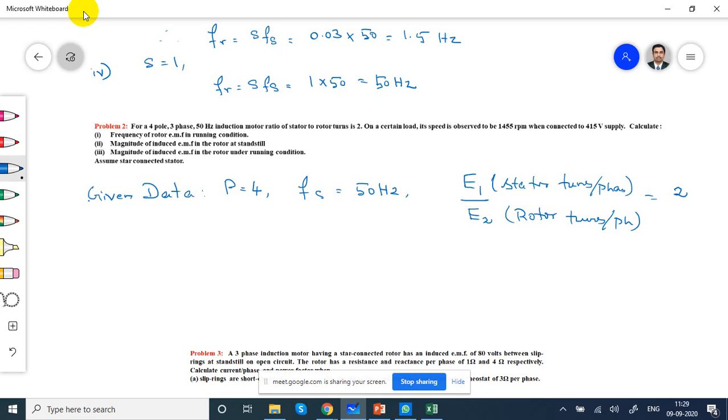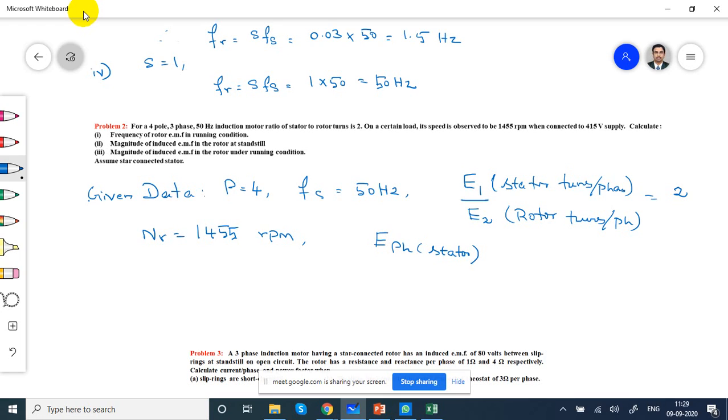On a certain load, the speed is observed to be 1455 RPM, that is Nr equal to 1455 RPM, when connected to 415 volt. 415 volt will be the line voltage, because only in the stator are we giving input.